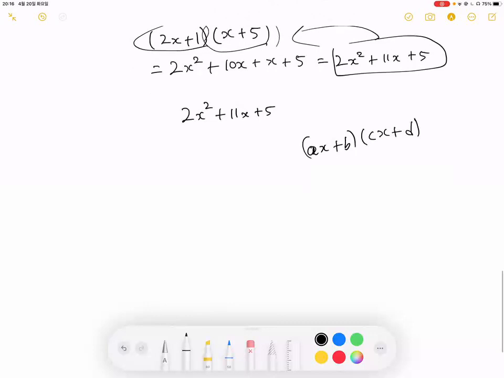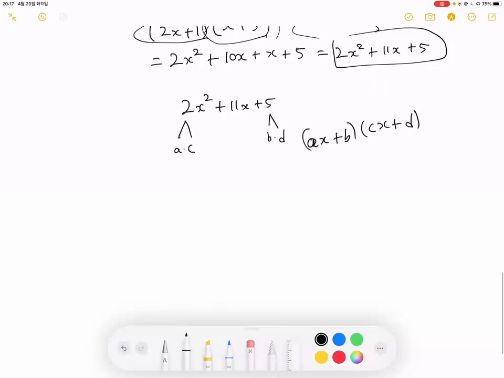So here, 2 will be a times c, and 5 would be b times d. Let me show you how I do it. So 2 and 1.